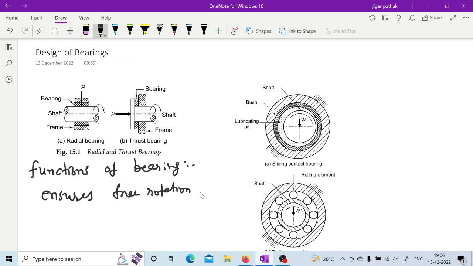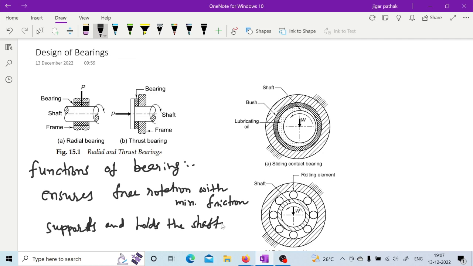It also supports and holds the shaft in the correct position.